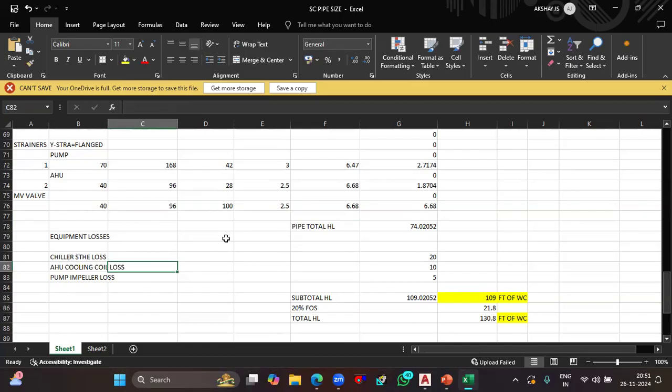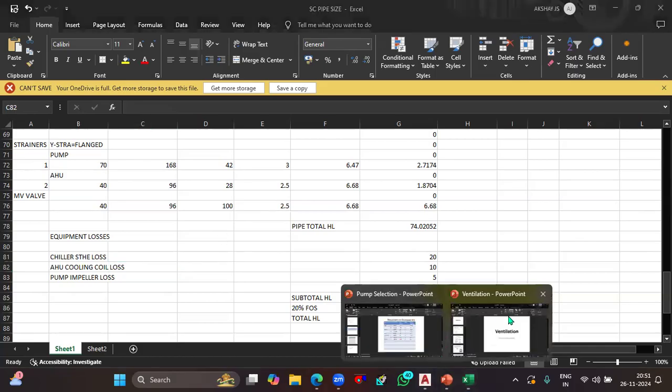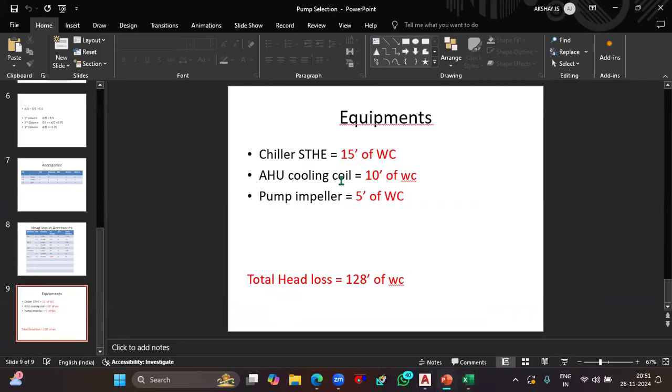So the water should be flowing across the tubes, isn't it? These tubes can cause some kind of pressure drop, that means frictional loss. Generally, those values are mentioned right here itself. You can see chiller shell and tube heat exchanger loss, that's around 15 feet of water column.